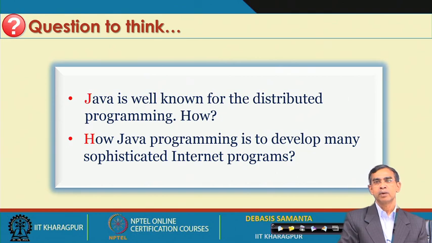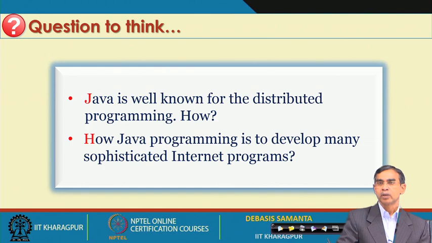In our next module we will learn about distributed programming, more specifically the multi-threading concept, and then we will discuss how the Java language can help a programmer develop internet programs. These are the concepts and questions that will be answered in our next module ahead.